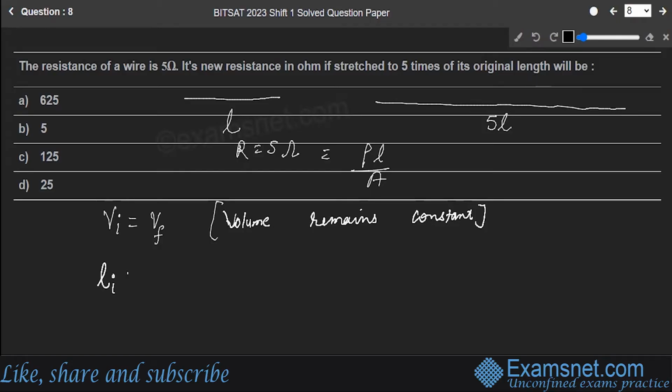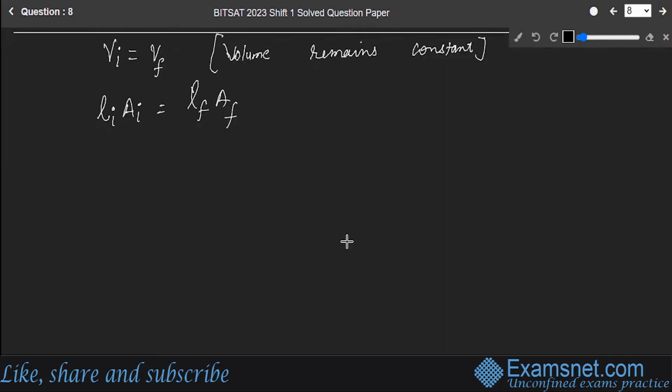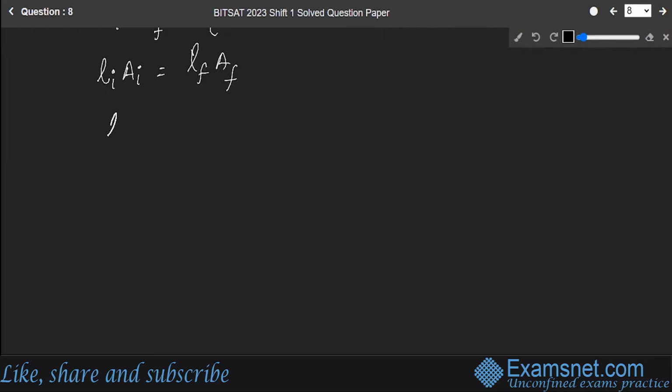So L initial into initial area is equal to final length into final area. You know that final length is equal to 5 times initial length. So this becomes Li into Ai is equal to 5 Li into Af.